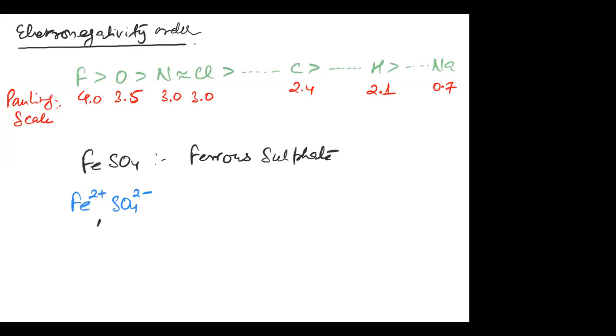It is in a 1:1 charge ratio of cation and anion. So ferrous sulfate has Fe2+ and sulfate ion in a 1:1 ratio. So ferrous sulfate, or sometimes in your books it may be written as iron(II) sulfate.